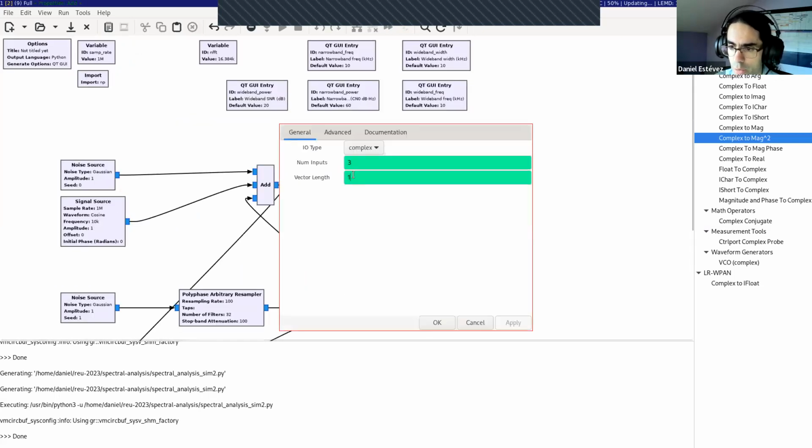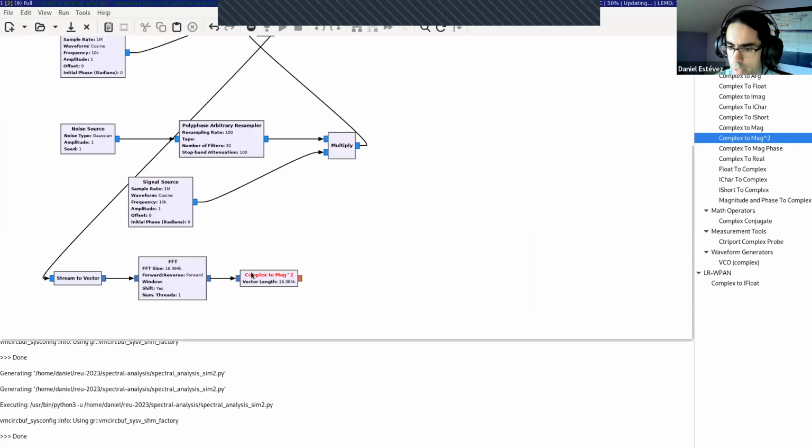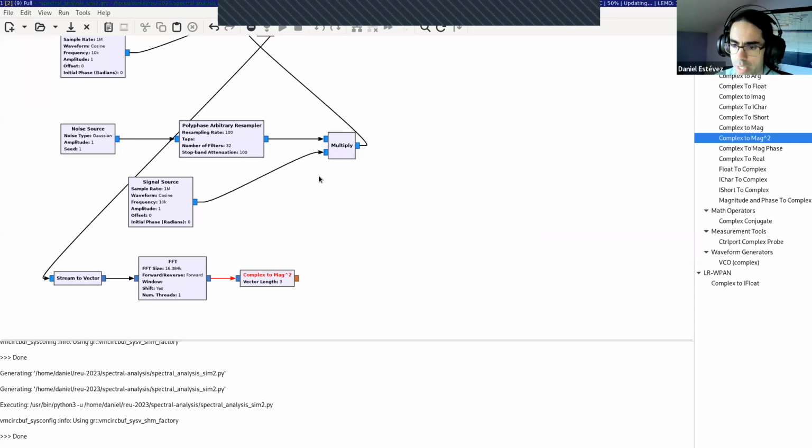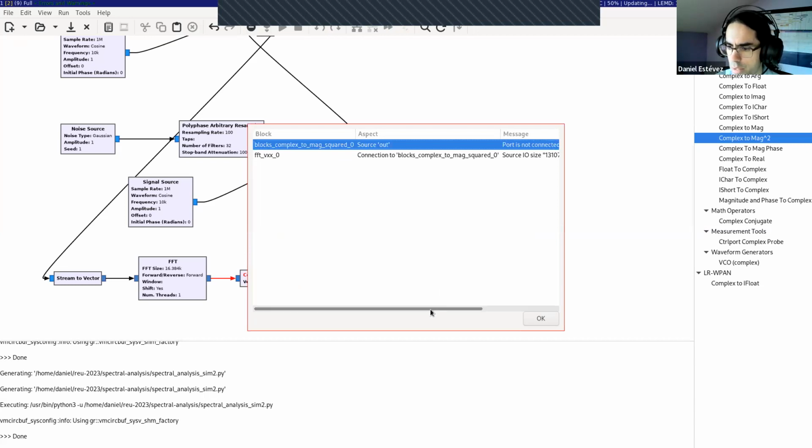The add block can also operate on vectors. So there are many blocks which can operate on vectors. And you need to set the vector length to match the vector size. Otherwise, if we put 3 here, for example, then we get a mismatching connection because the vector size here doesn't match the vector size there, and probably there is here an indication that this size doesn't match that size.